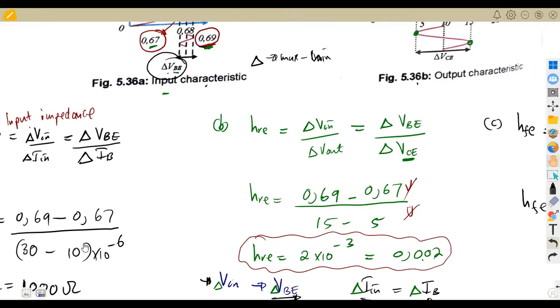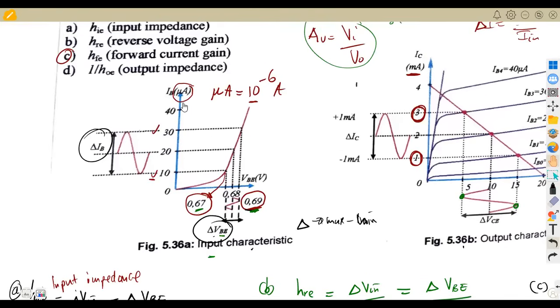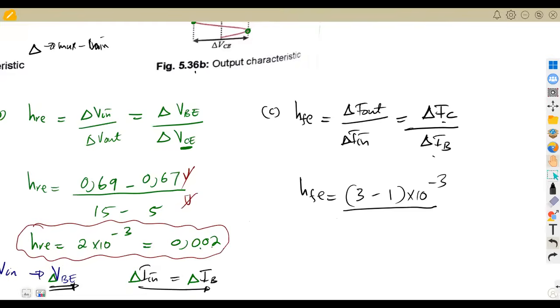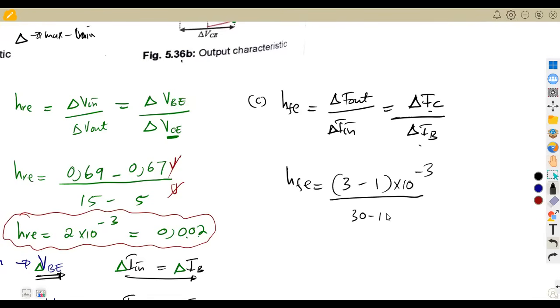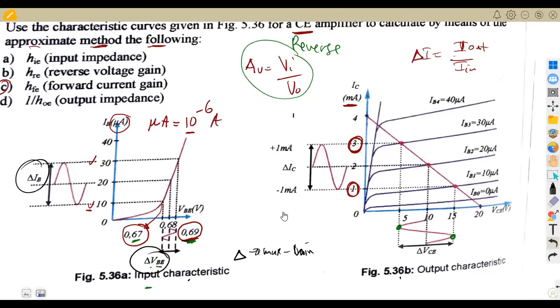The change in IB is 30 minus 10, but take note, it's measured in microamps, so it's times 10 to the exponent of -6. So it's 30 minus 10 times 10 to the exponent of -6. These are amps, these are amps, so they will cancel, and we do not have a unit for the forward current gain. If we simplify this properly, we're going to obtain 100 in this case. So that was our forward current gain for the common emitter amplifier.